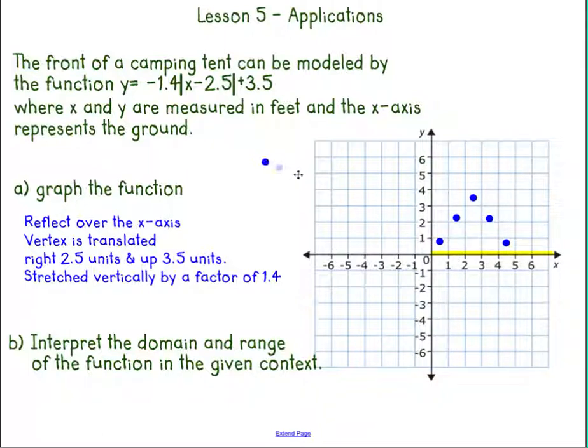And then you would go 1, 2, 3 units to the right, and you would normally go down 3 units, but you would go down 4.2 units. So you're going to end up with 1, 2, 3, and then 4.2 is going to take you somewhere like this.